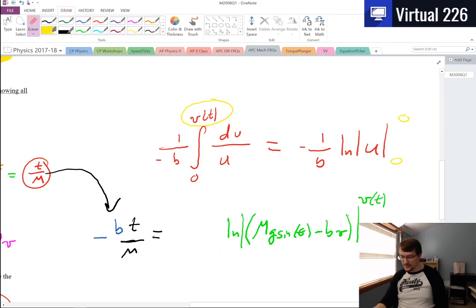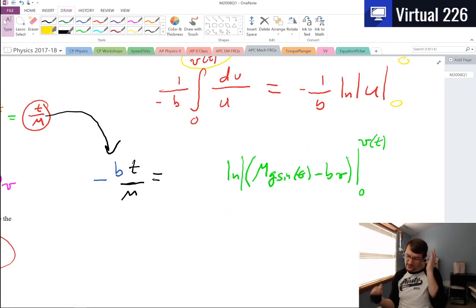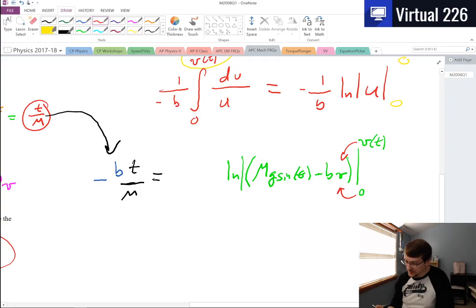So now I can look at this. I've done the hard integration, I've done my u substitution. Now I need to get a nice little answer for us here. So I can start plugging in my upper bounds and lower bounds for v.